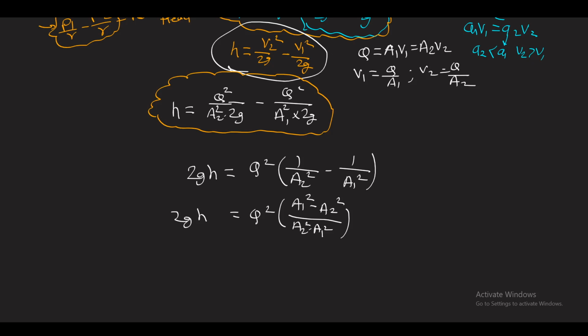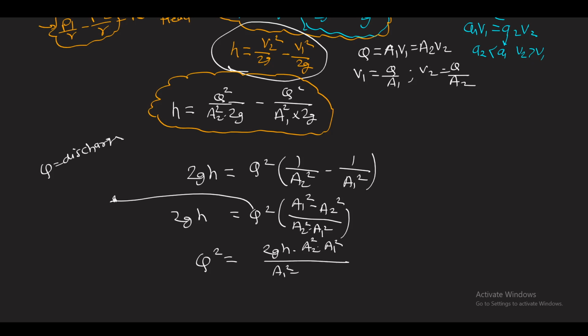Now I have to obtain this Q, that is the discharge. So how will I get that? Simply, Q square is equal to twice GH A2 square into A1 square divided by A1 square minus A2 square, correct?